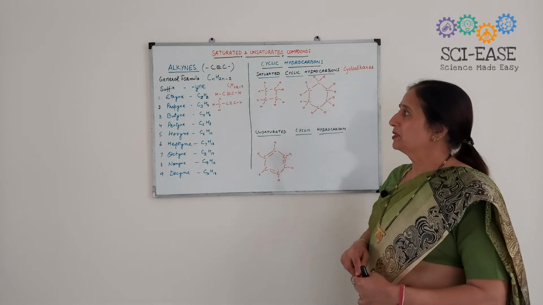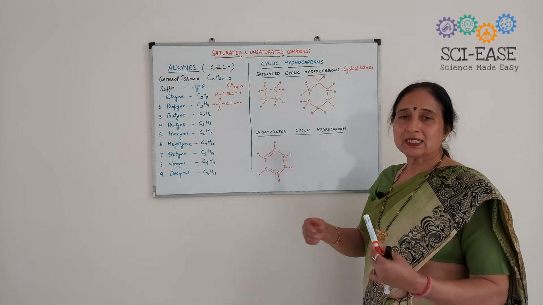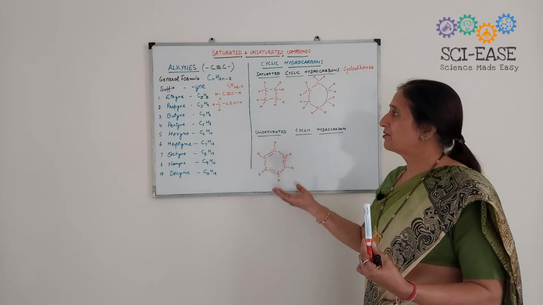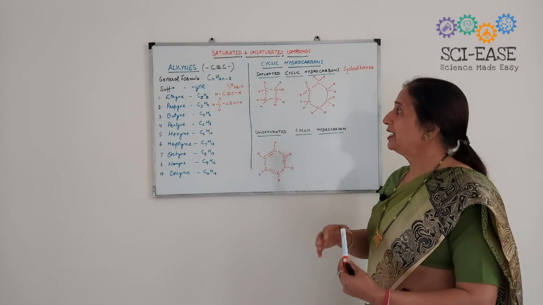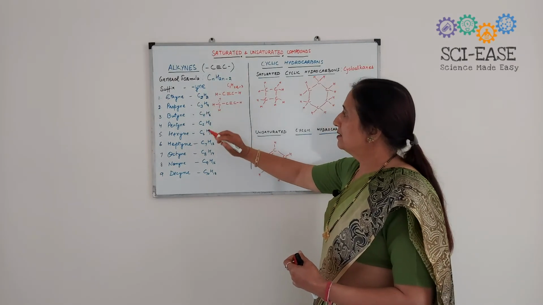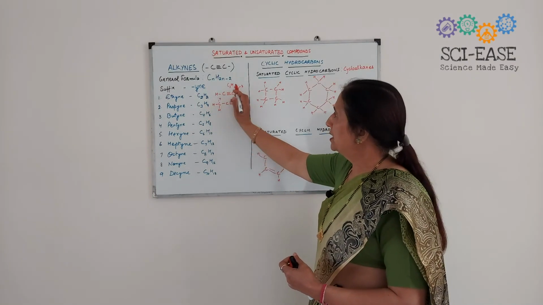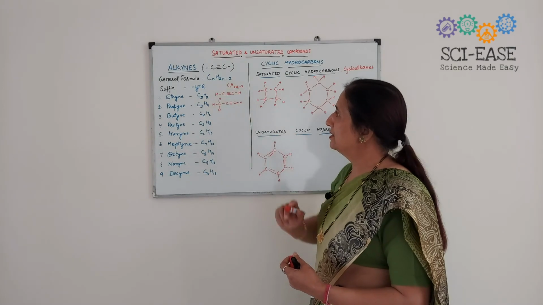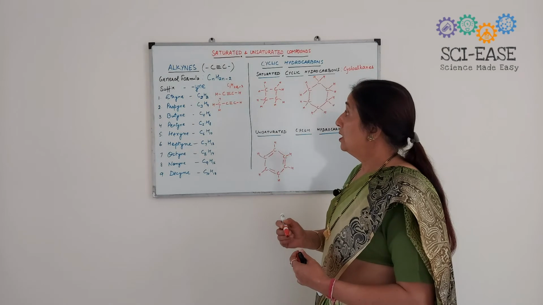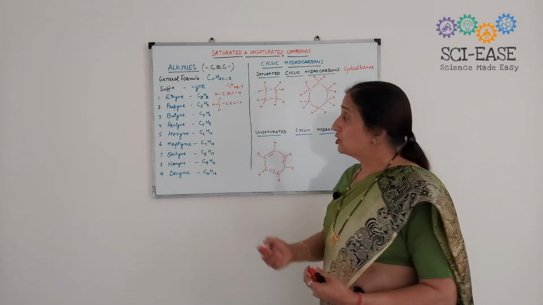Now the next member, 3, C3. It is prop, and the suffix is ine, propyne. Now, for writing the molecular formula, again apply the general formula. You will get C3H4. How will you write the structural formula?